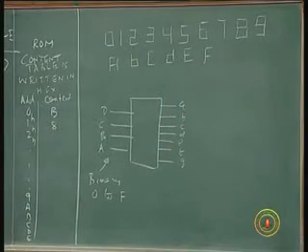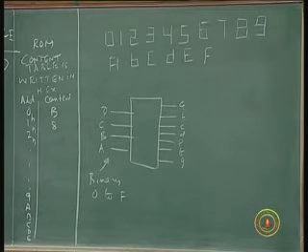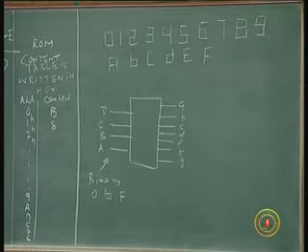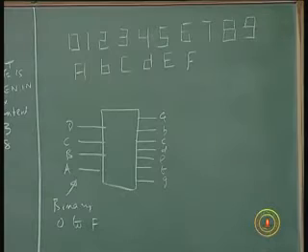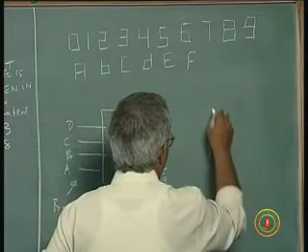For this, you can do a ROM design. That's a homework assignment. One single ROM can do this job, right? You need 4 inputs A, B, C, D and 7 outputs A, B, C, D, E, F, G. And then for each of these addresses 0, 0, 0, 0, whether A should be on, A is a segment, you know the segment allocation, I'm just redefining the problem for you.